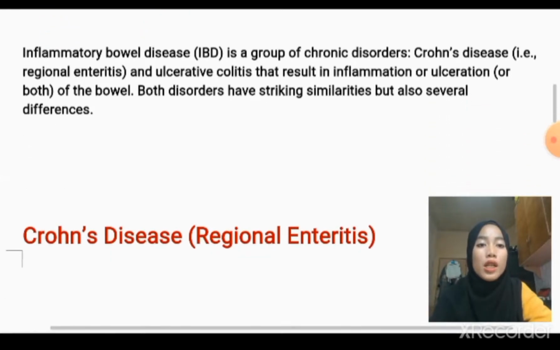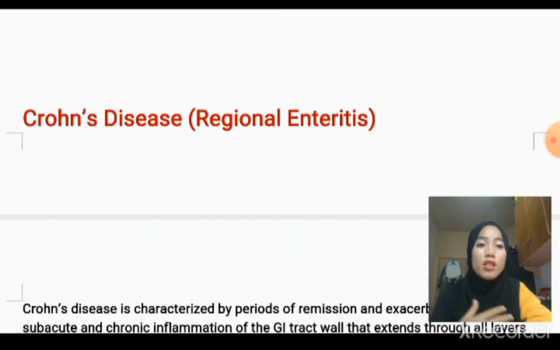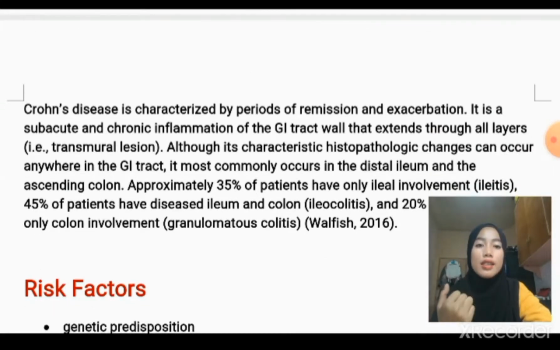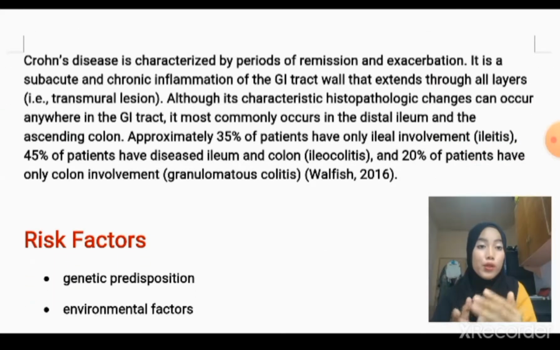So, when we say Crohn's disease, regional enteritis, Crohn's disease is characterized by periods of remissions and exacerbations. It is a subacute and chronic inflammation of the GI tract, which is the gastrointestinal tract, wall that extends through all layers, like transmural lesions.